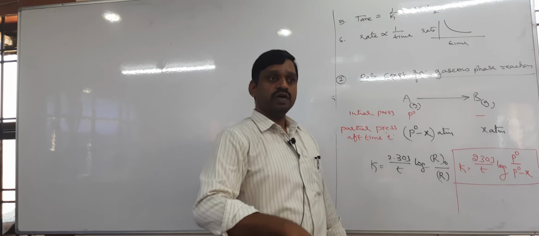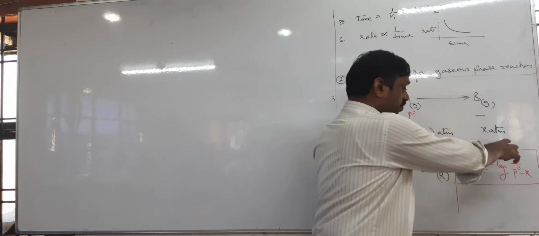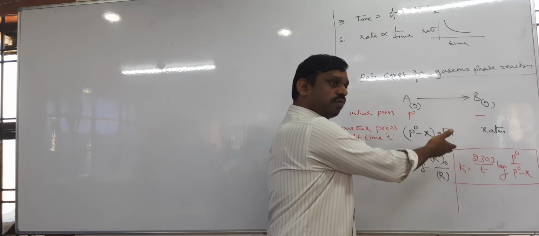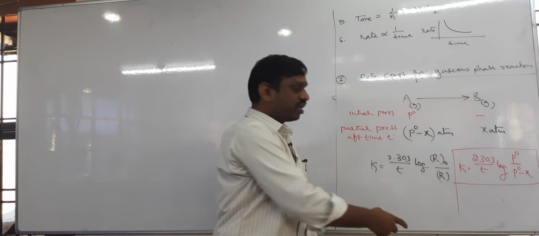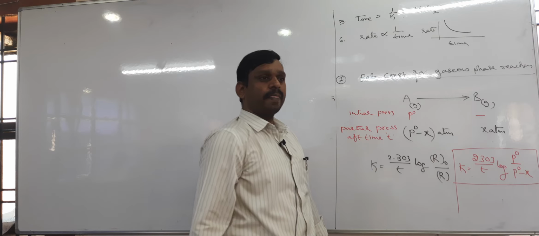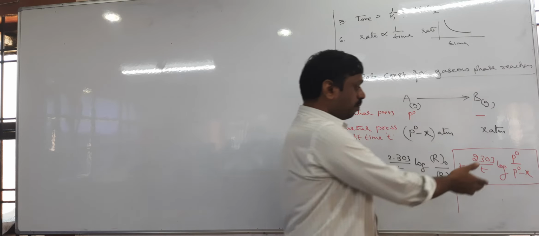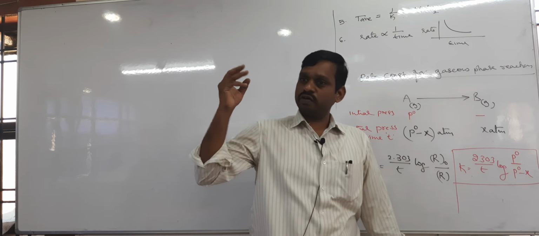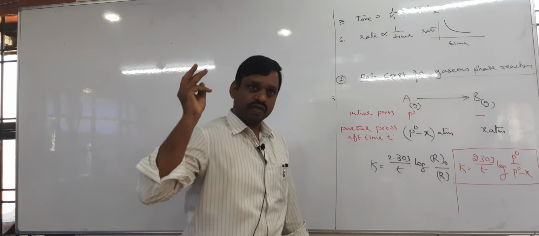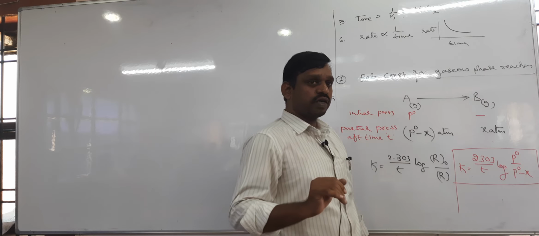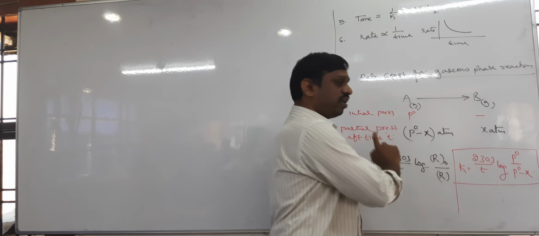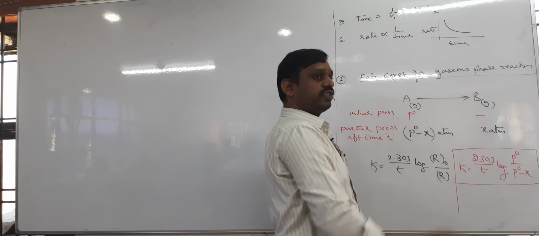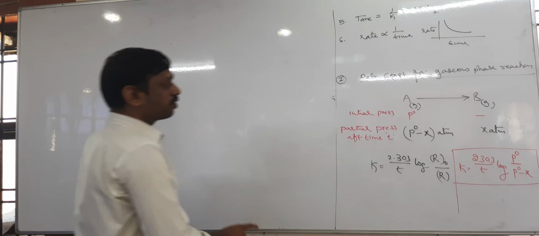Anything can be taken in place of R naught by R, because it is a ratio. Since it is a ratio, both the units get cancelled. Therefore the unit of this has no effect on the unit of K. You can take mole fraction, weight percentage, volume percentage, or specific rotation. So the unit of K does not change. That is actually the advantage. That is a simple reaction.